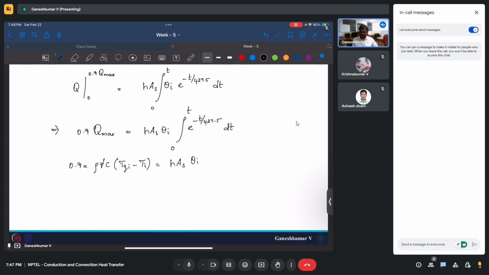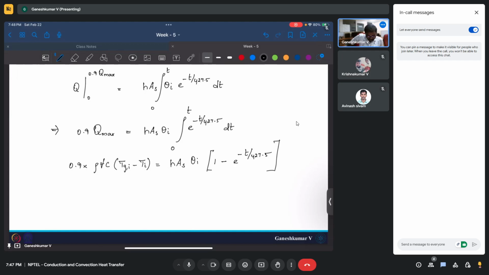What happens to this integration? If you perform this integration, you will end up having e power minus t by 427.5, and you will substitute t, and then it becomes e power 0, so you will have 1 minus e power minus t by 427.5.